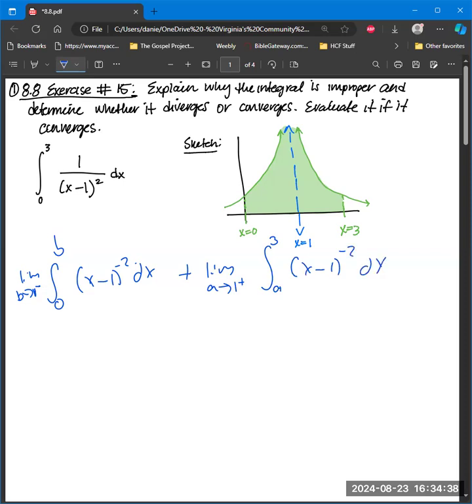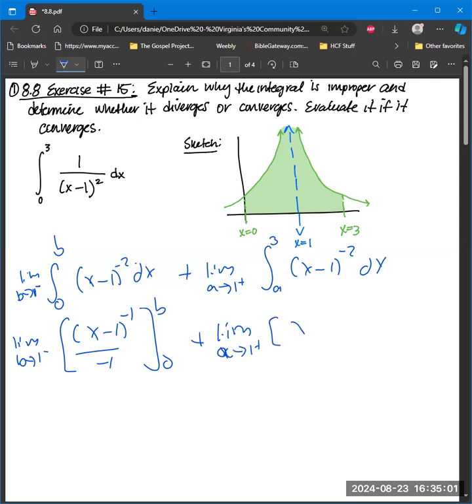It's going to be (x minus 1) to the negative first over negative 1 from 0 to b, limit as b approaches 1 from the left, plus the limit as a approaches 1 from the right of (x minus 1) to the negative first over negative 1 from a to 3.